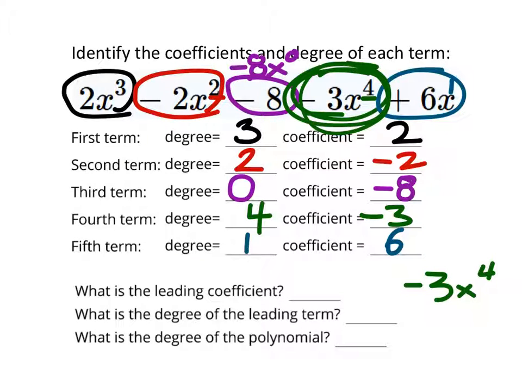So the leading coefficient is negative 3. What's the degree of the leading term? 4. And since that's our leading term, the degree of the polynomial is 4. Because it's our leading term. Okay. So with the degree of the polynomial, we only really need to focus on the leading term, which in this case is negative 3x to the 4th.